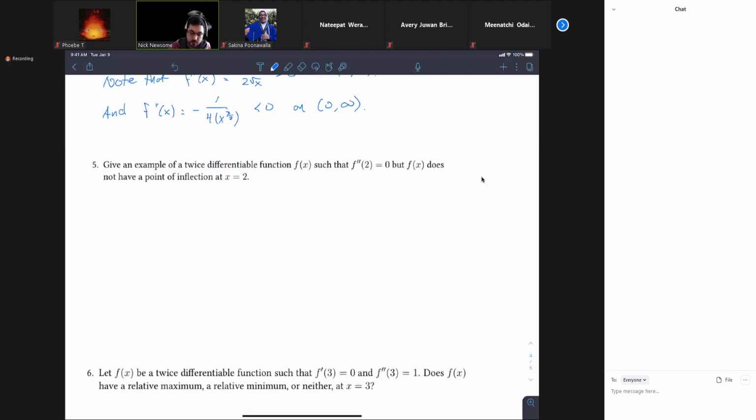So really what we're looking for is a function where this potential inflection point doesn't actually do the trick, meaning that when we take another derivative, we still get 0.